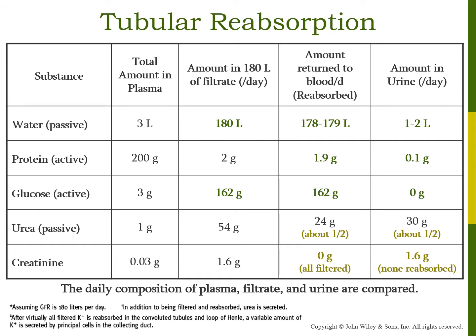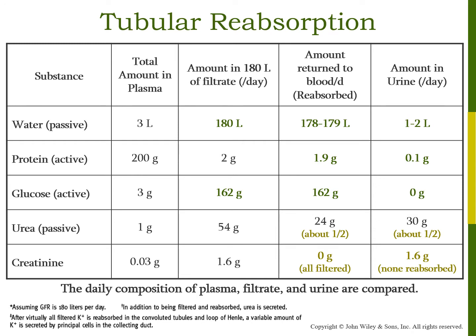Glucose is filtered and is 100% reabsorbed, again, based on normal glucose levels in the blood, so that 0 should appear in the urine. Urea is passively reabsorbed because it is small and fat soluble.